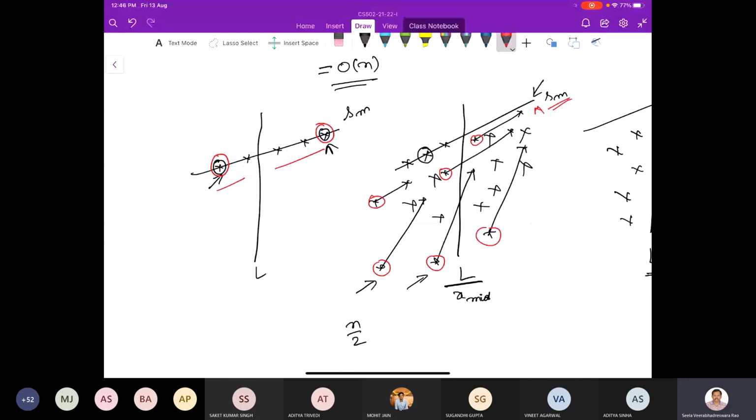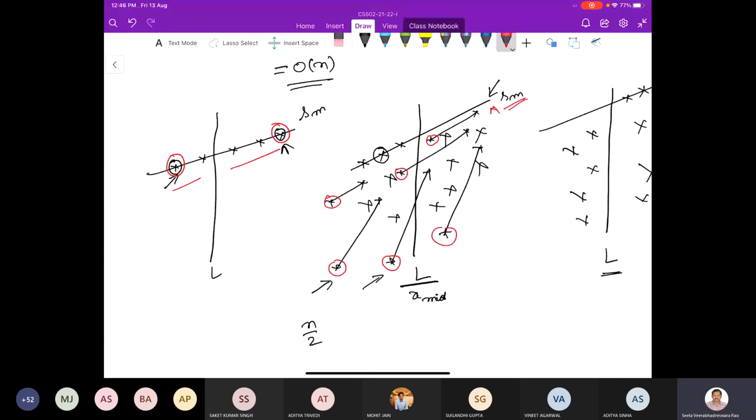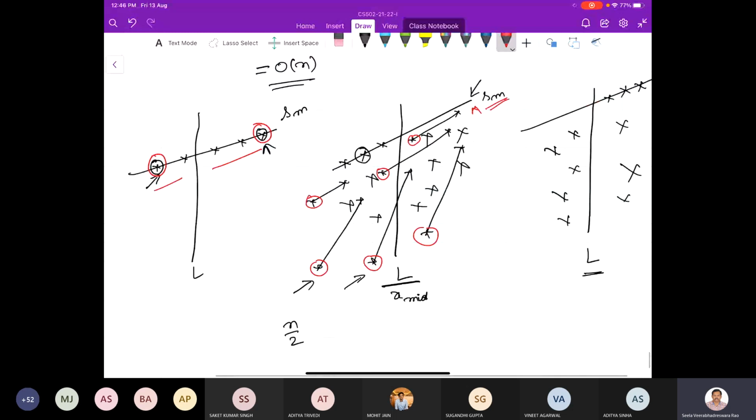Done. If that is not the case, take the second case: this supporting line has points only on the left of this L.